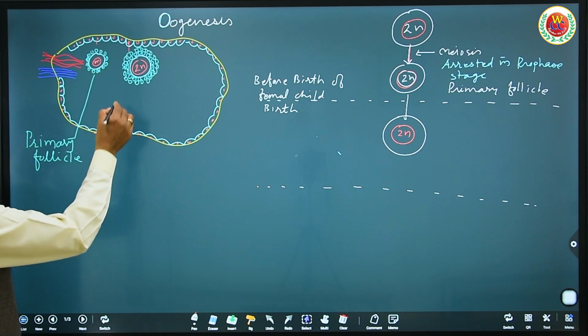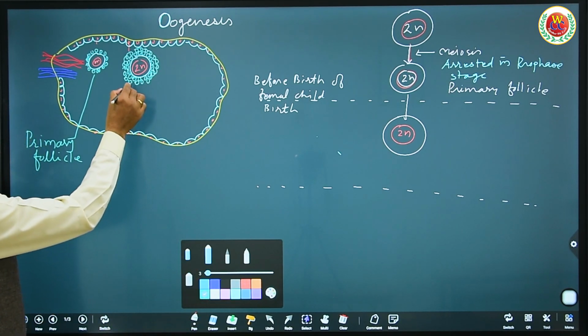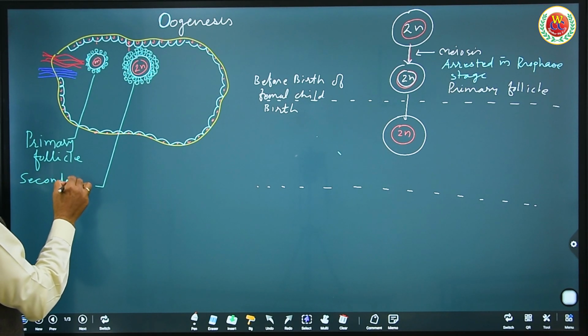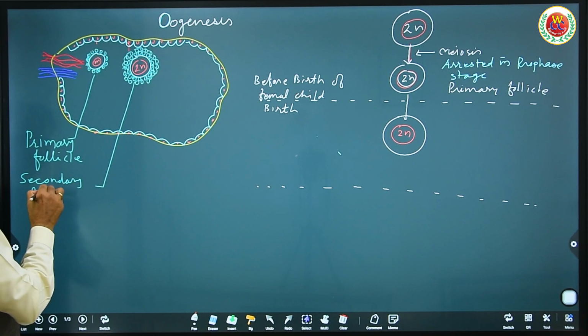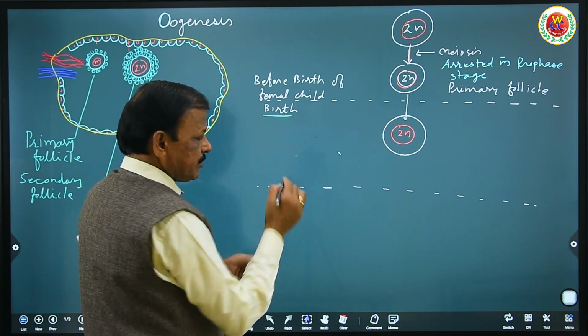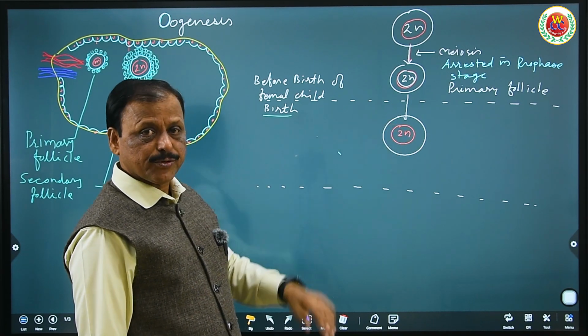This is the secondary follicle. This was the primary follicle. Now this is the secondary follicle after birth. Birth has taken place and the secondary follicle is now ready to have first meiosis.